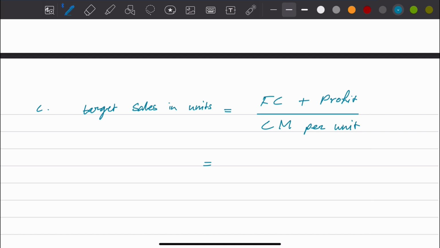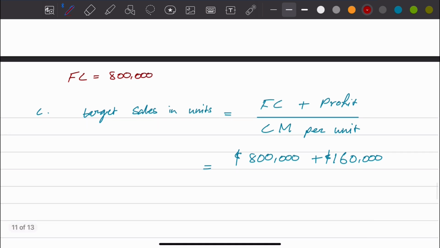The fixed cost is going to still be the same, 800,000. The profit is going to increase from 120,000 to 160,000. It's even better if you write down your data at the top here, if you want, just to be safe. So before I start solving, I can write down my inputs here. I typically do this in exams just to be careful, not to make mistakes.